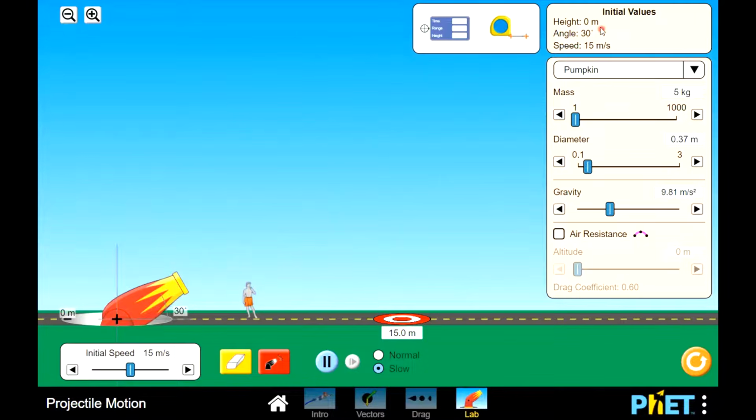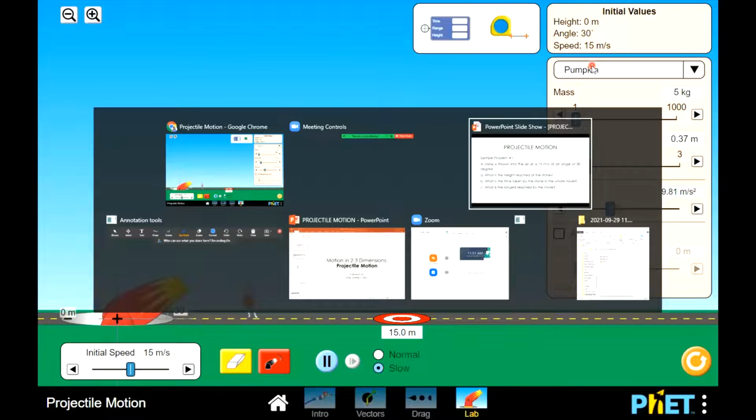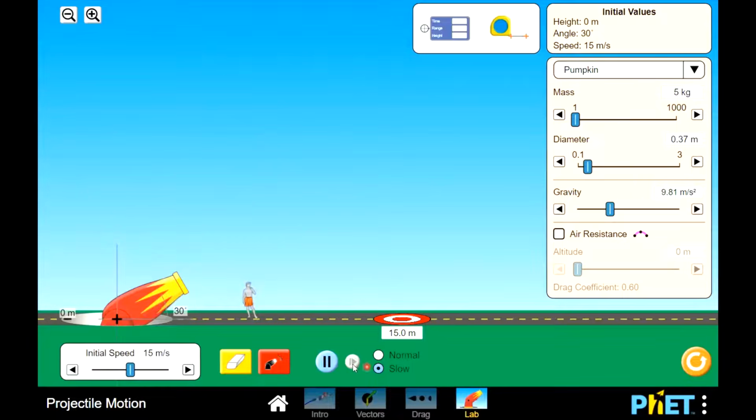So we have angle of trajectory 30 degrees and the speed or velocity is 15 meters per second. Okay, so let us simulate. Okay, so that will be the trajectory of our object.